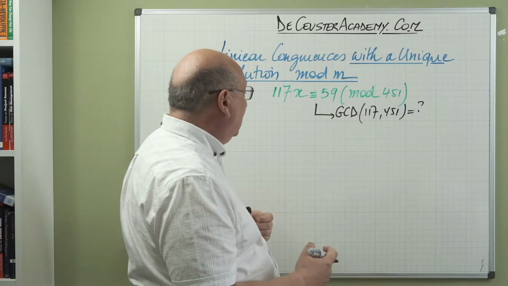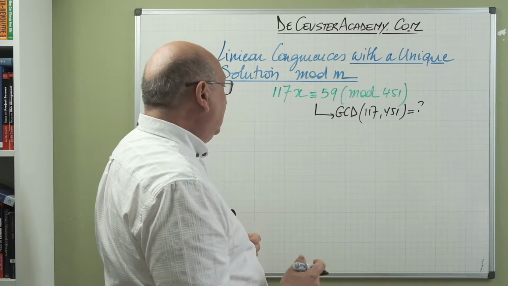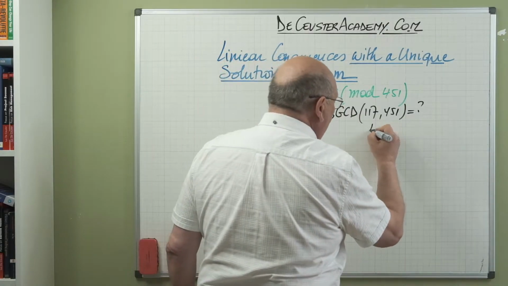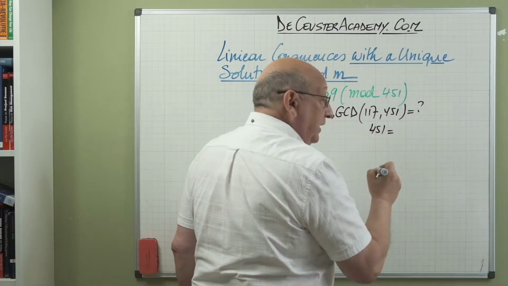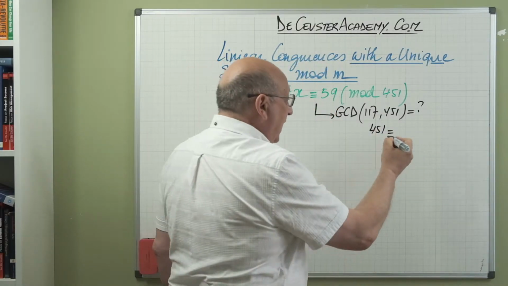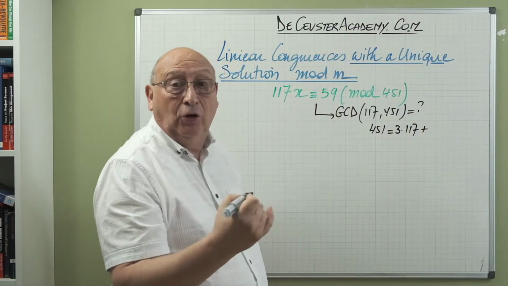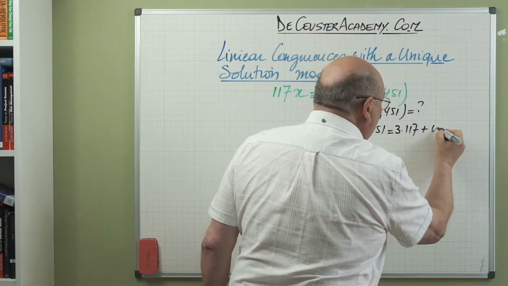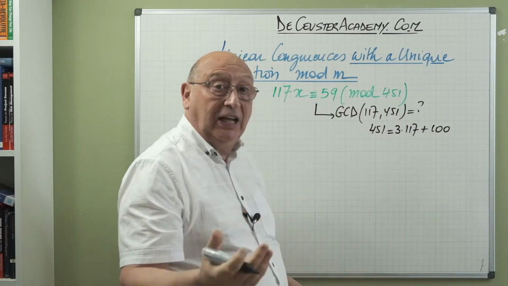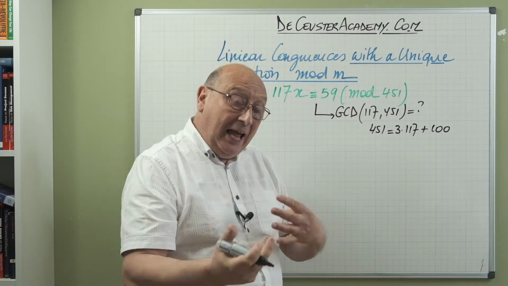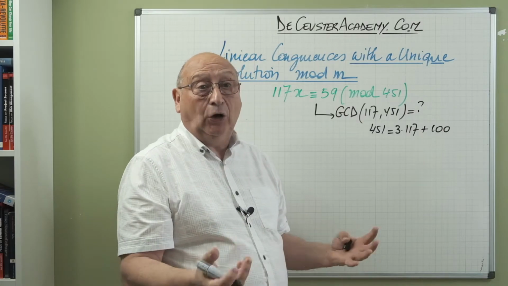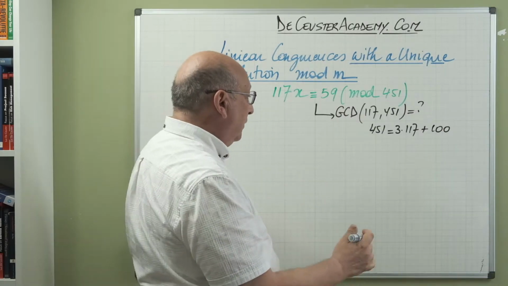So let's start with the Euclid algorithm. First we can say that 451 can be written as 3 times 117 plus 100. Now you can stop the video here and do the calculations yourself and see how this works out. But let's continue from here.